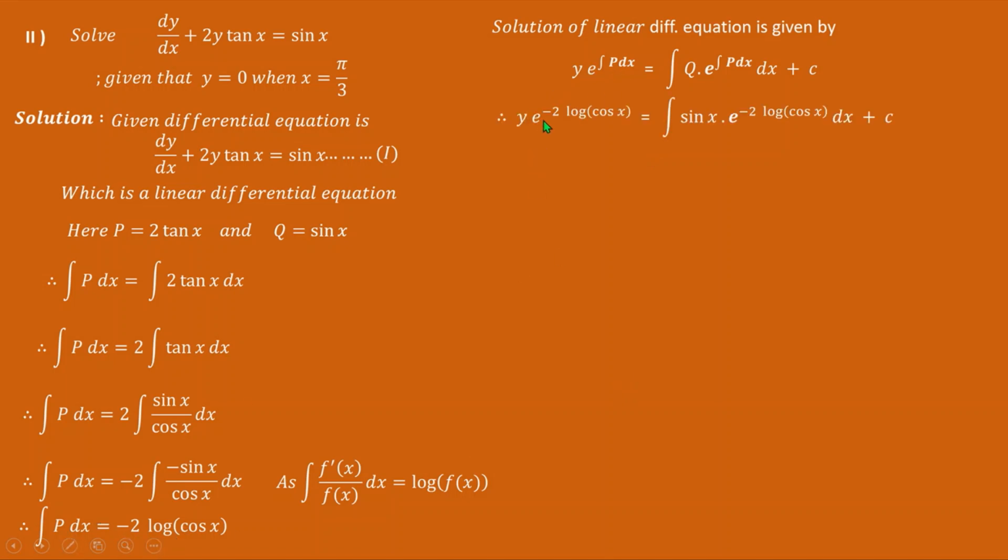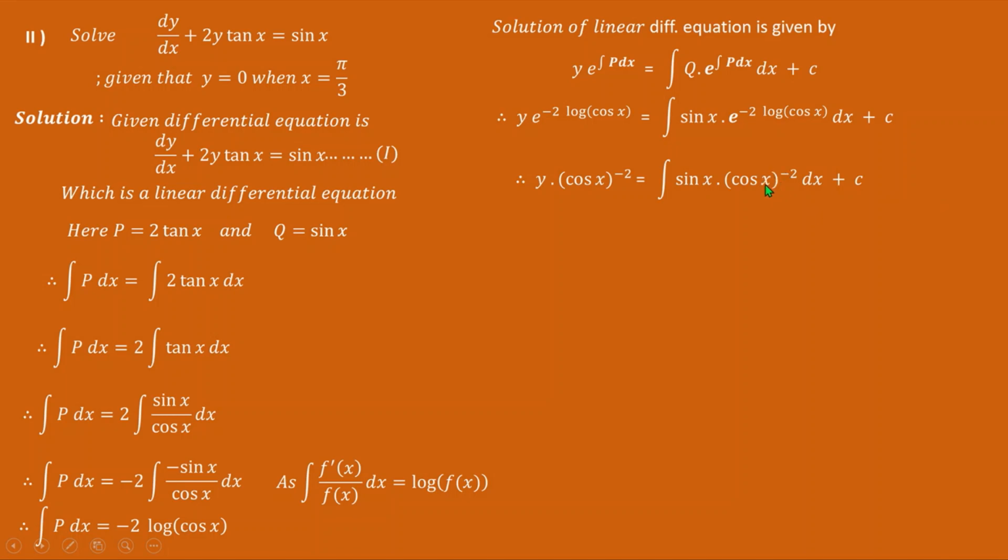So you get y e raised to minus 2 log of cos x is equal to integration value of q, which is sin x, e raised to minus 2 log of cos x dx plus c. Now transfer this minus 2 to the power of cos x, and e and log get cancelled. So we get y cos x raised to minus 2 equal to integration sin x cos x raised to minus 2 dx plus c.